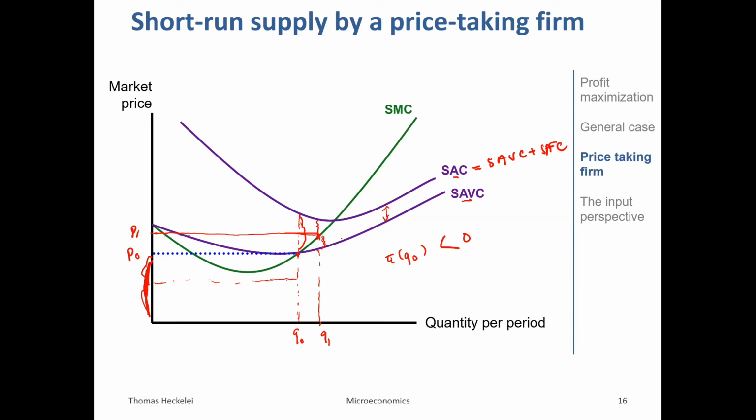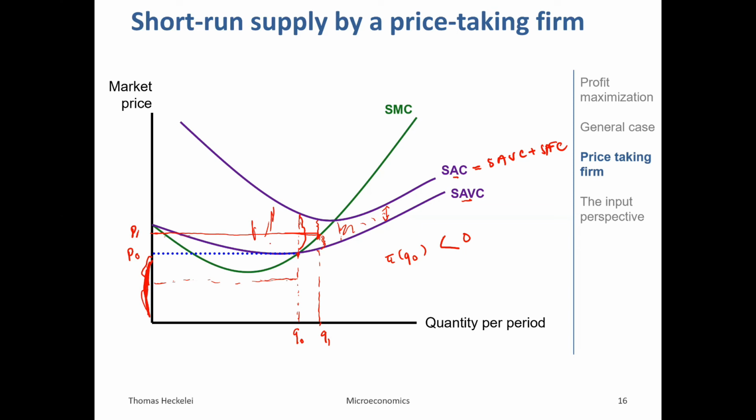So if price falls in between this range, between the SAC and the SMC, it is still good to produce, because then you have something to pay off the fixed cost that you had in the past.